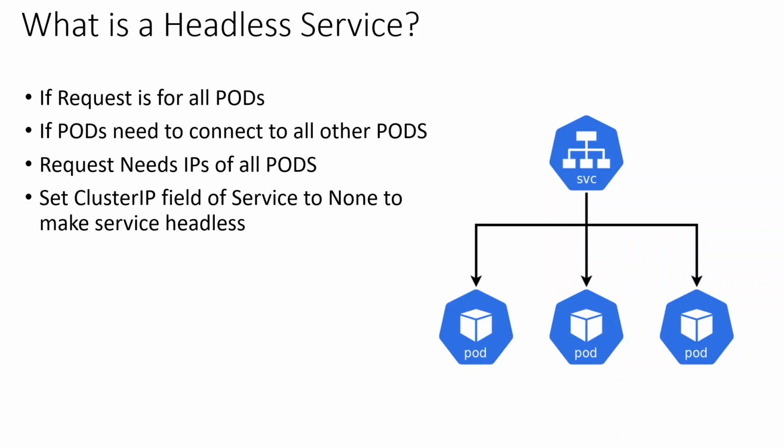So then what is? For a client to connect to all pods, it needs to figure out the IP addresses of each individual pod. One option is to have the client call the Kubernetes API server and get the list of pods and their IP addresses through an API call. But because you should always strive to keep your application Kubernetes agnostic, using the API server isn't a viable option.